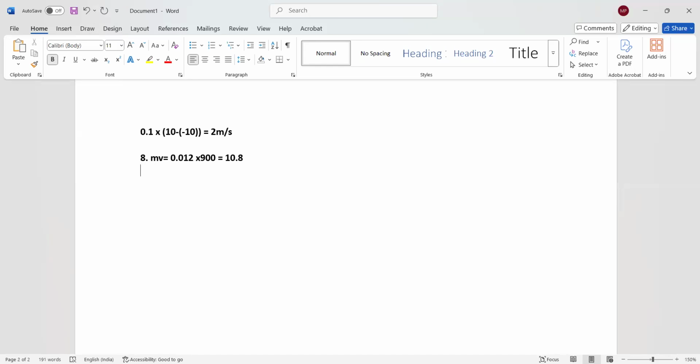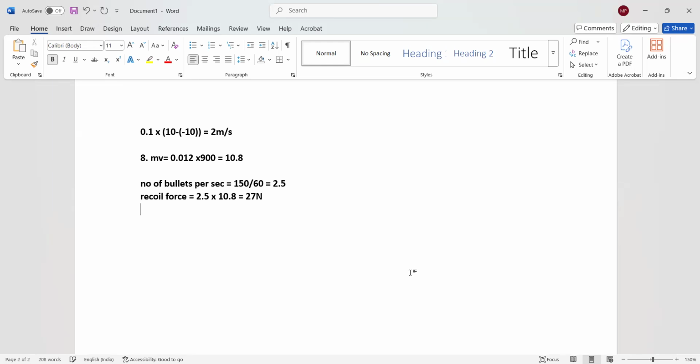Now, number of bullets per second is equal to 150 by 60, which is equal to 2.5. So recoil force will be momentum of one bullet into number of bullets per second, that is 2.5 into 10.8, which is 27.